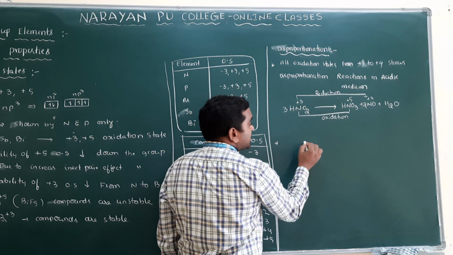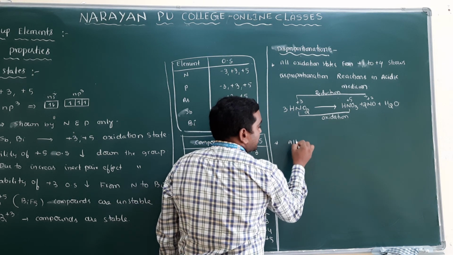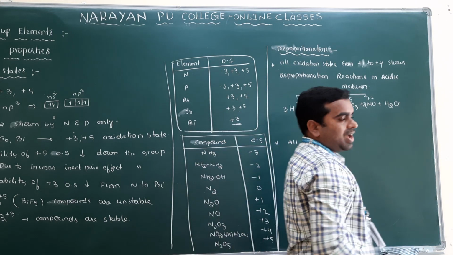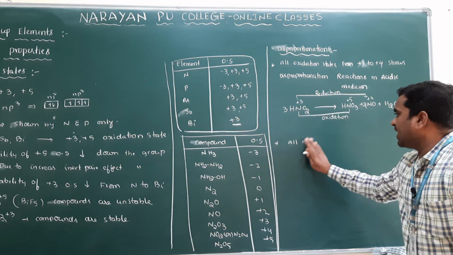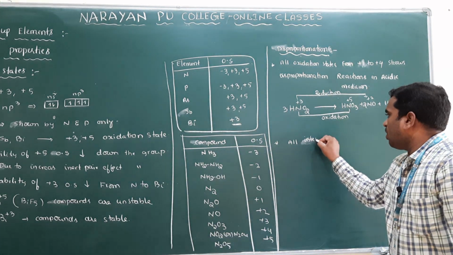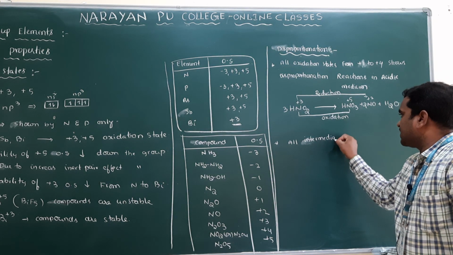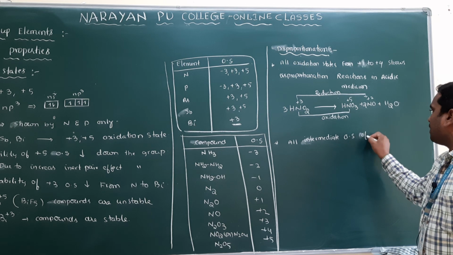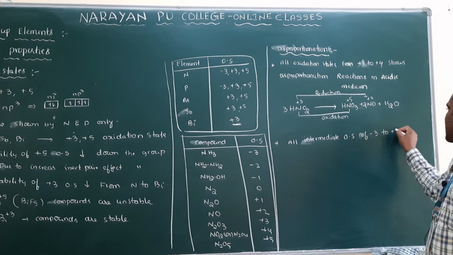And for phosphorus, all the intermediate oxidation states, clear? Oxidation states from -3 to +5.